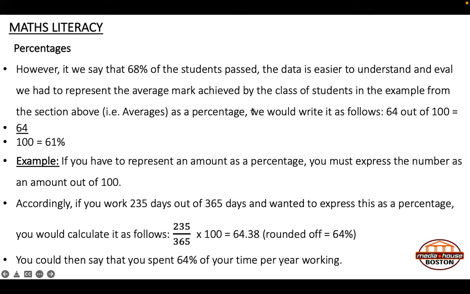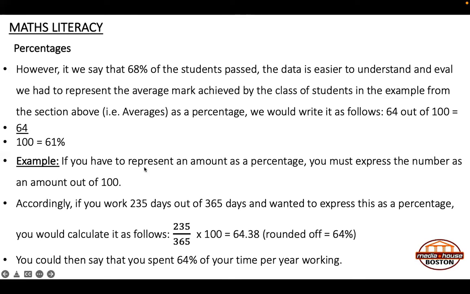So if we say that 68% of the students passed, the data is easier to understand. Now we have to represent the average mark achieved by the class in the example from the section above, i.e. averages, as a percentage. So we would write it as 64 over 100, and that's 64%.